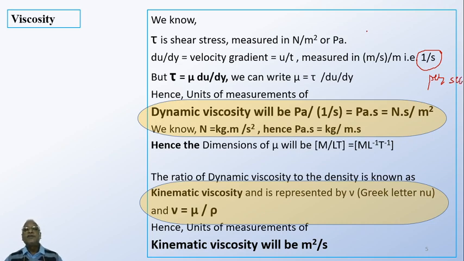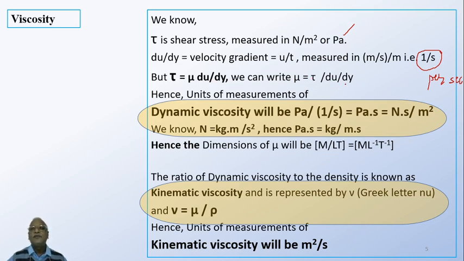Okay, the shear stress is in pascals, and the shear strain or velocity gradient is in terms of per second. We know that tau is equal to mu into du by dy, so we can write mu as tau divided by du by dy.